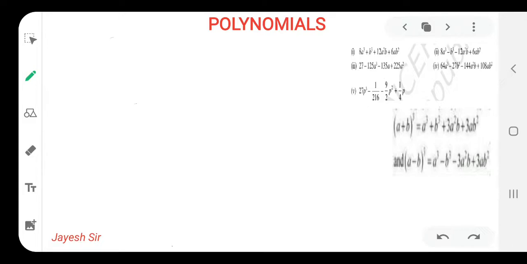Here the left hand side is not given, the right hand side is given in our question, as this type of sums we have done previously also. So then also we will compare it with the right hand side of the given equation, that is a cube plus b cube plus 3a square b plus 3ab square.